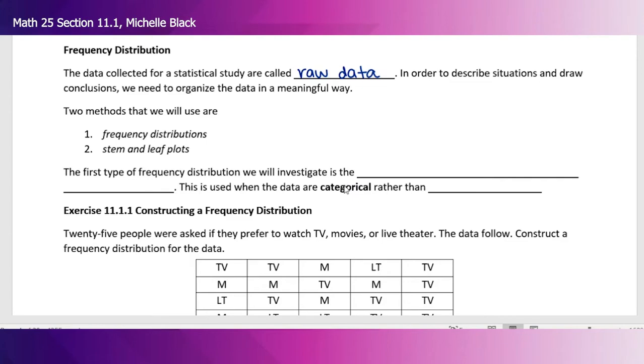The first type of frequency distribution that we will investigate is called the categorical frequency distribution. This is used when the data are categorical rather than numerical.